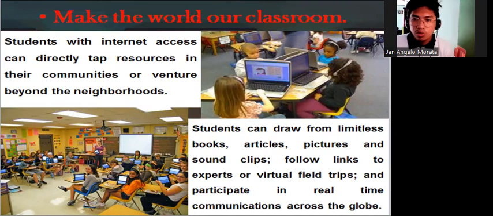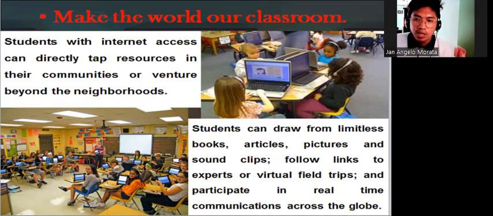As you immerse longer, exposed longer in using the computer, you will find yourself being a self-learner. So meaning to say, yung computer in education, it makes no boundaries for learning, as long as you have the desire to learn.